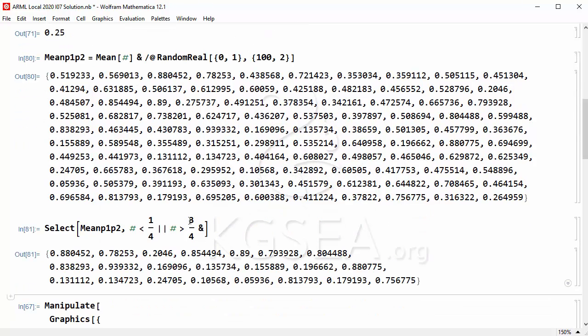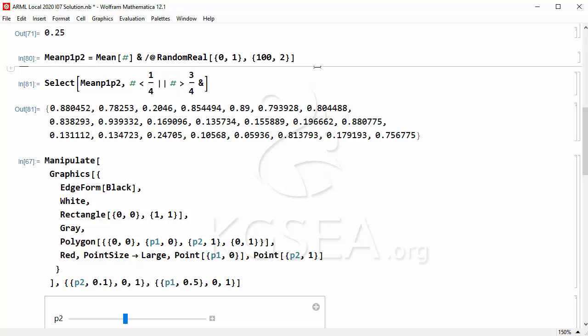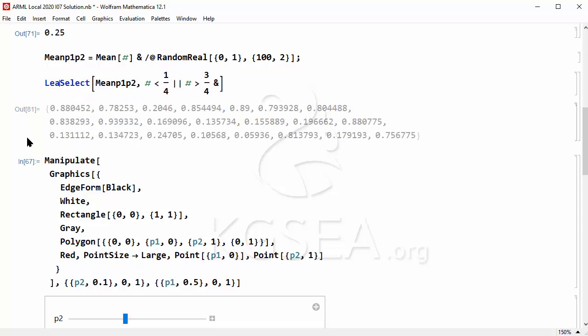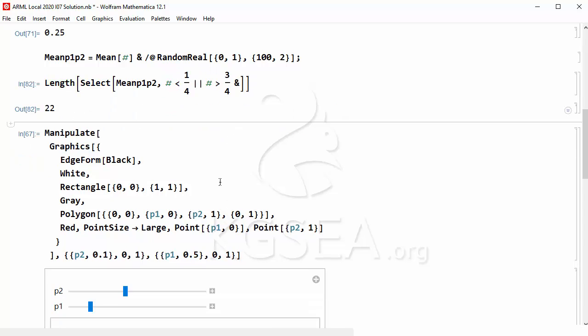And it will pick those numbers for me. Okay, so I need not see this here because I know I'm getting 100 numbers. But what I'm interested in is not the numbers, but how many of them I have. Roughly 25, you see.